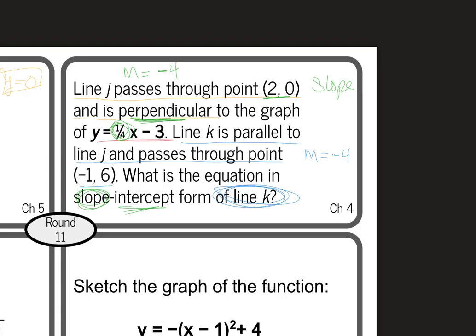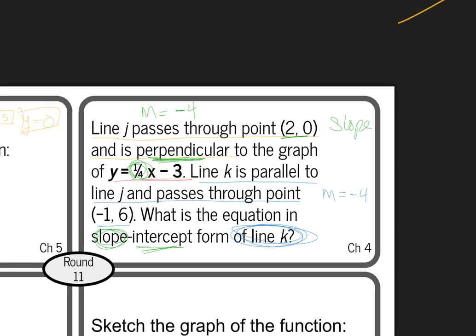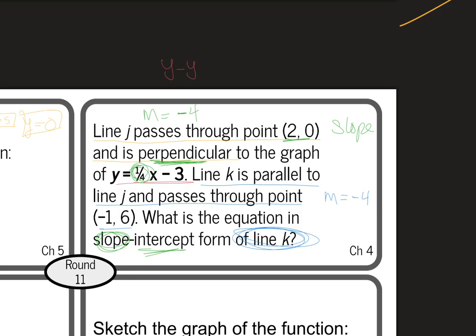Now, what I'm going to do is go look at point slope form, which is y minus y1 equals m times x minus x1. And I'm going to plug in this info and this info. So I'm going to have y minus 6 equals -4 times x minus -1.